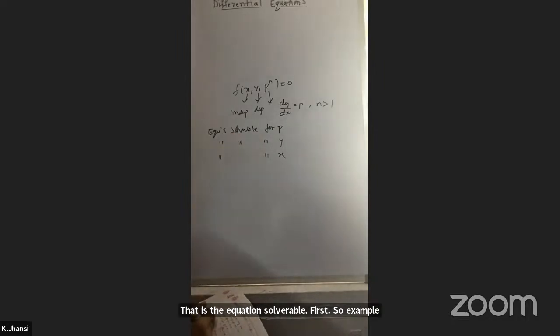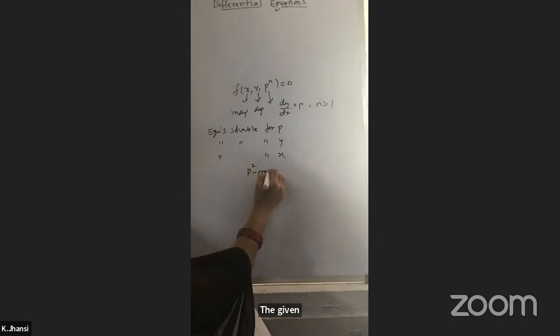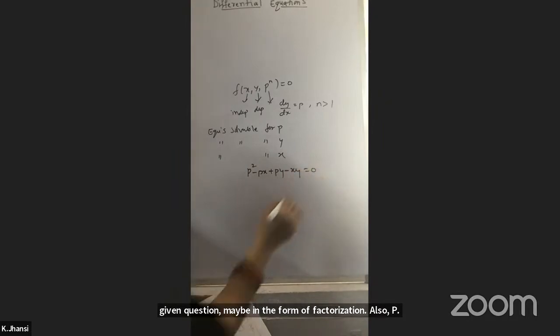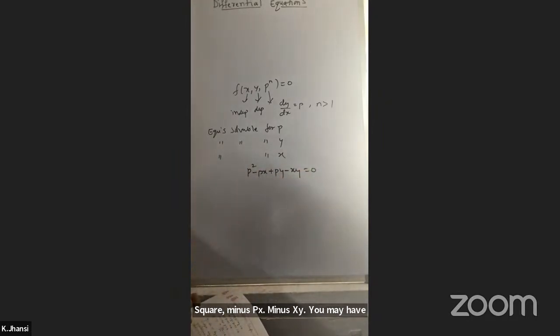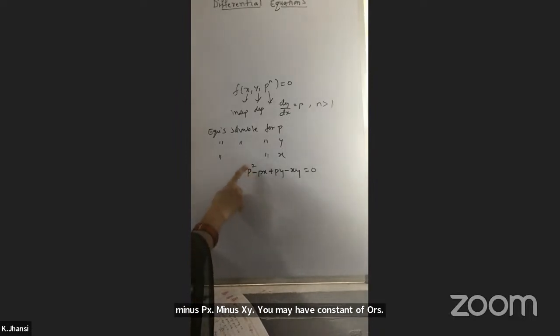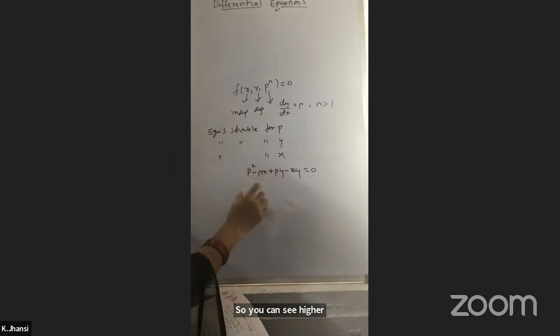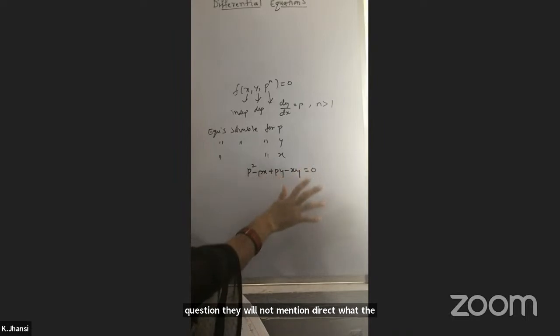The given question may already be in the form of factorization also. p square minus px plus py minus xy equals 0. Okay, this is the given problem. In the question, they will not mention directly what method to use, only to solve the equation.